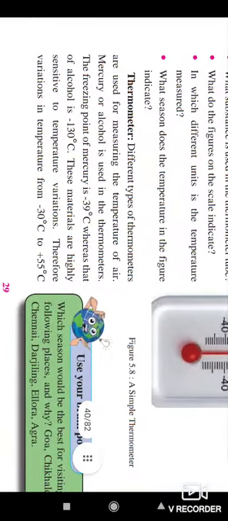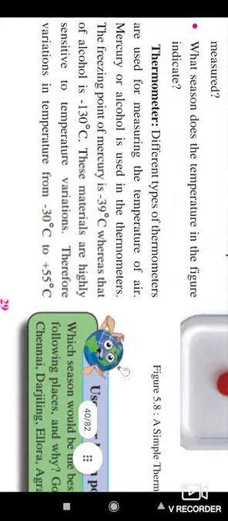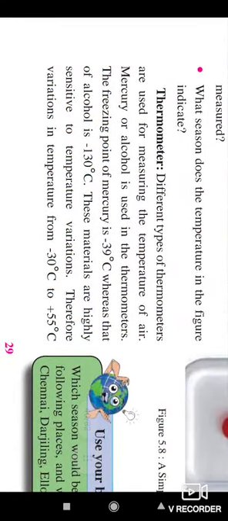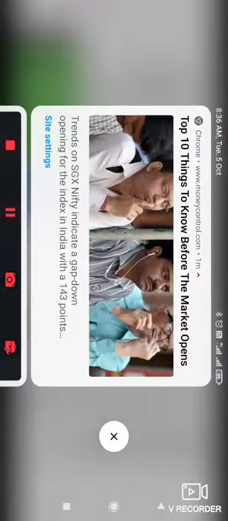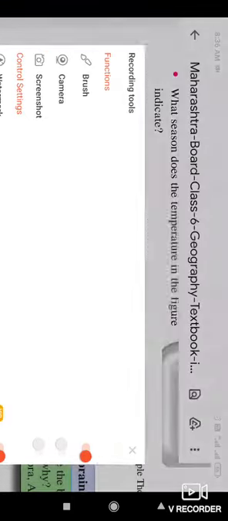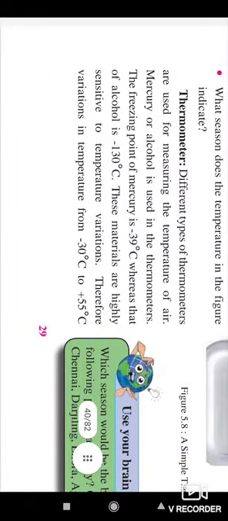Here is an instrument, a thermometer. Different types of thermometers are used for measuring the temperature of the air. Mercury or alcohol is used in the thermometer.